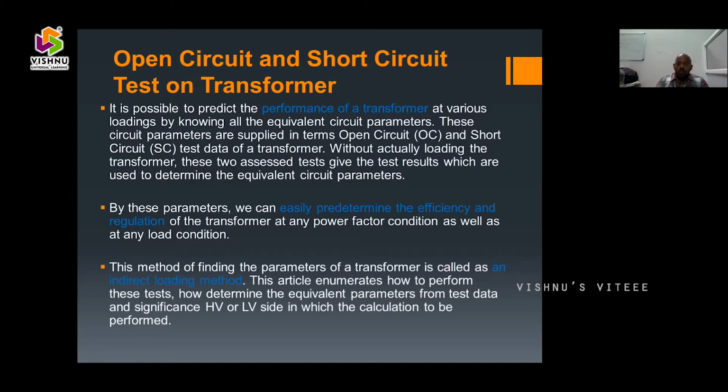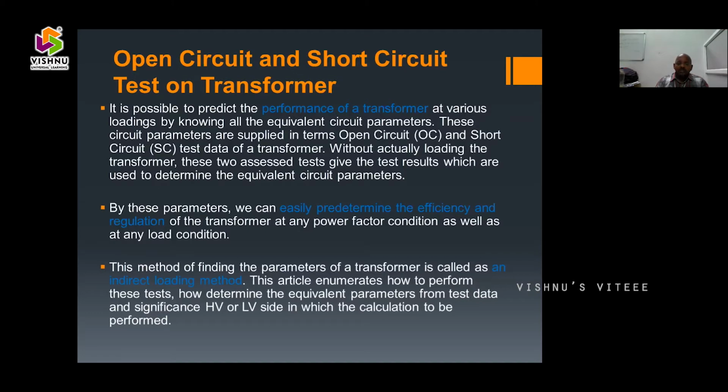The main aim of our experimental test is to predetermine the efficiency and regulation of a transformer at any power factor condition as well as at any load condition. That is the main aim of our experiment.